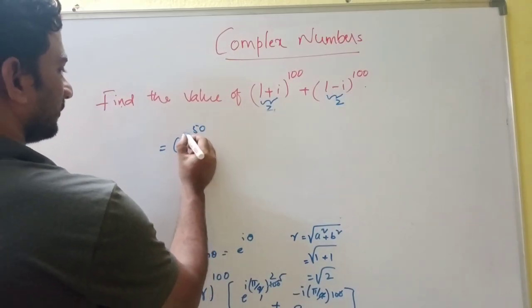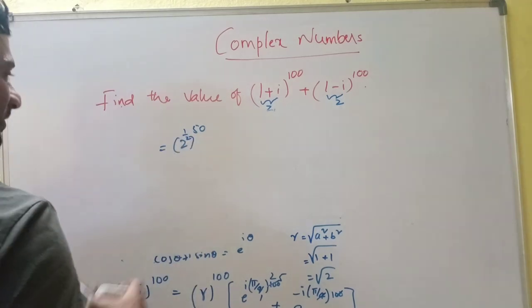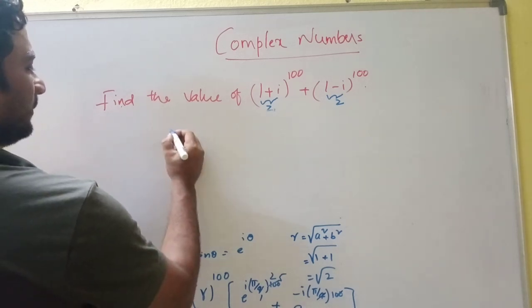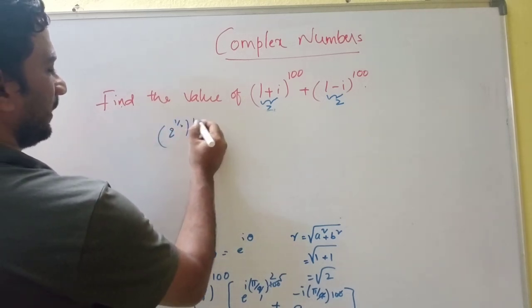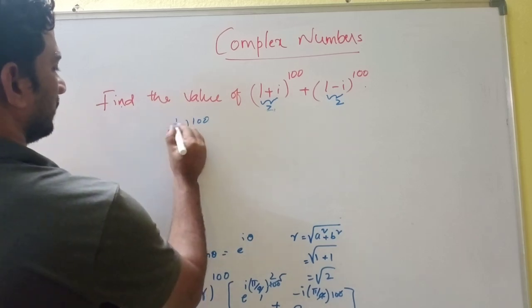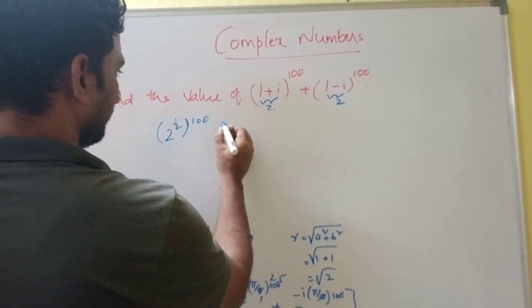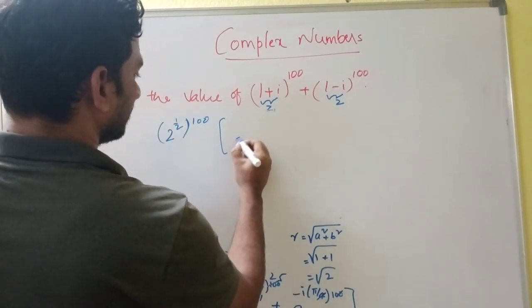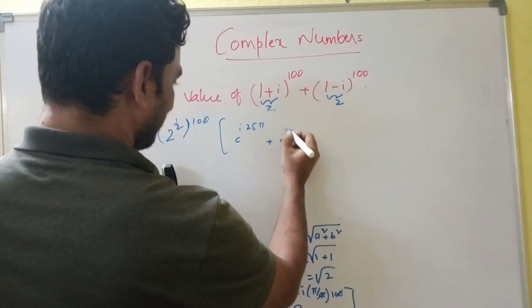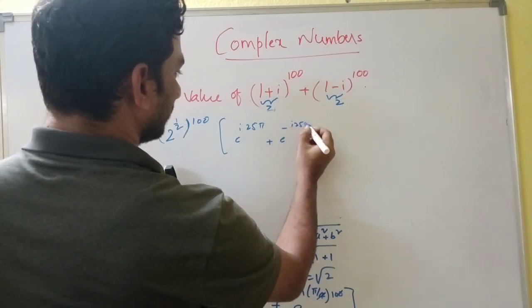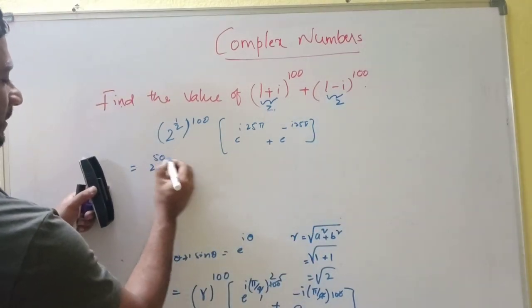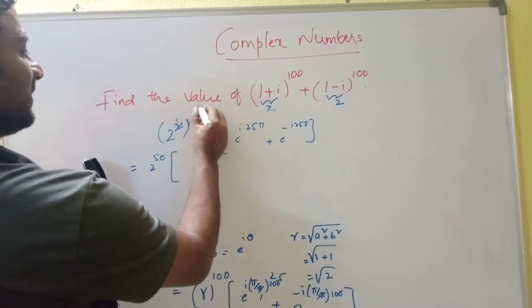Root 2 means 2 power 1 by 2, so 2 power 1 by 2 into 100, into e power i 25 pi plus e power minus i 25 pi. So this will become 2 power 50.